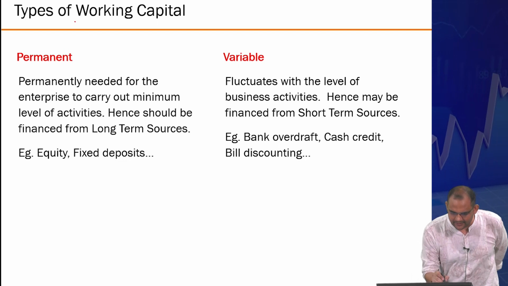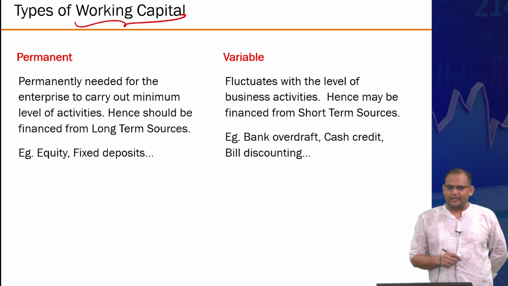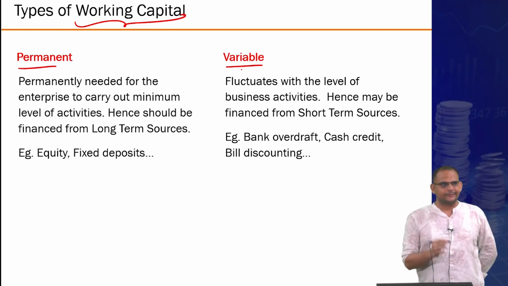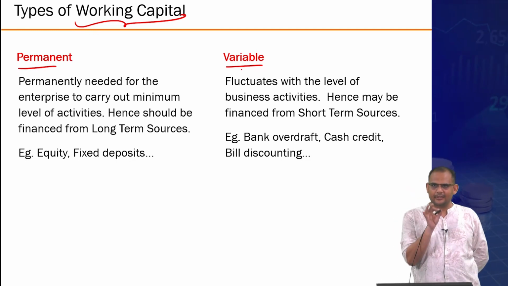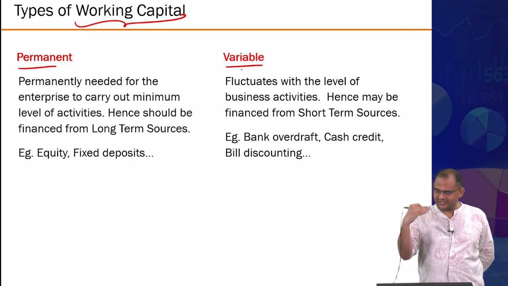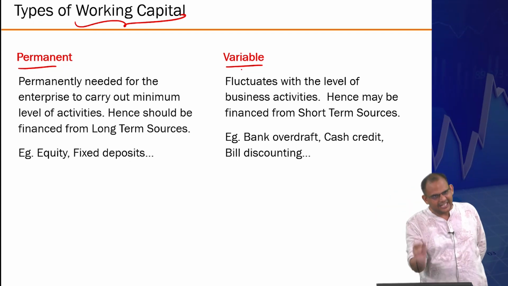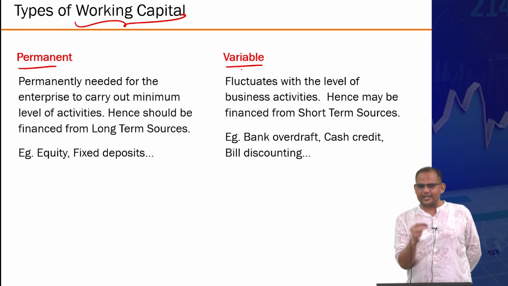So in terms of working capital, sometimes people make a distinction between permanent and variable. The distinction is still on the 1 year term, that is, it is on current assets and current liabilities. But even in that, there is a sense of permanent and variable.